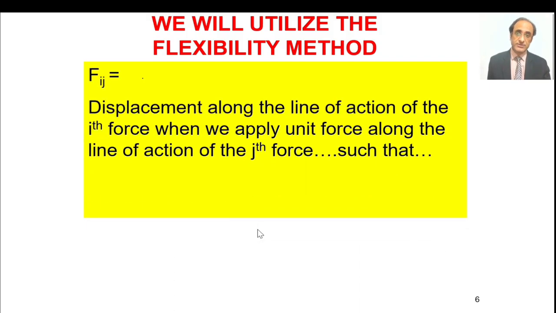So Fij, the flexibility coefficient, is basically the displacement along the line of action of the ith force when we apply unit force along the line of action of the jth force, such that.